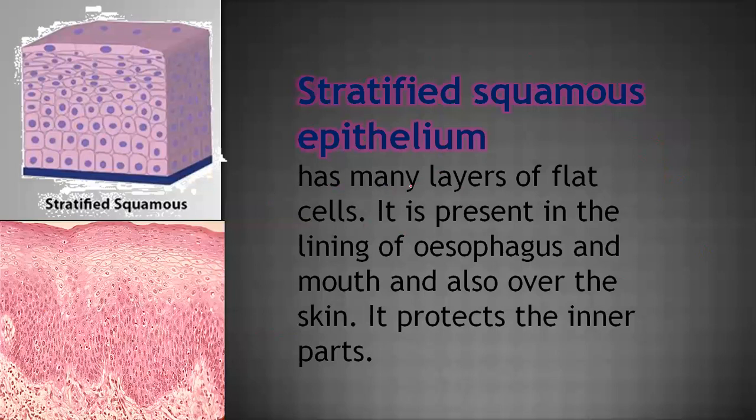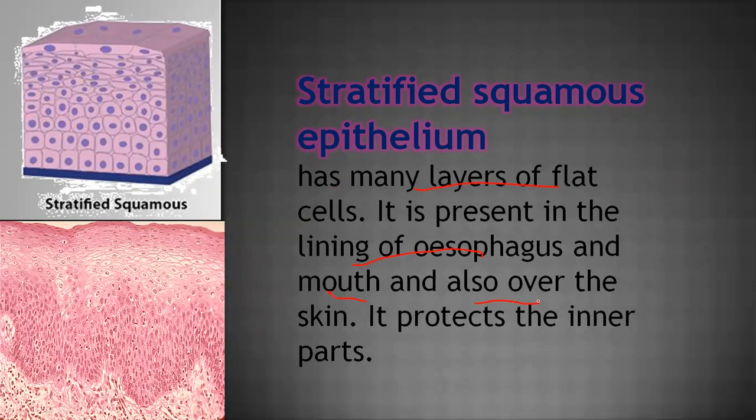Its structure is many layers of flat cells, and its location is in the lining of the esophagus, your food pipe, through which food moves from your mouth to your stomach. In your mouth, the cheeks from inside have very thick skin, so there is stratified squamous epithelium there.